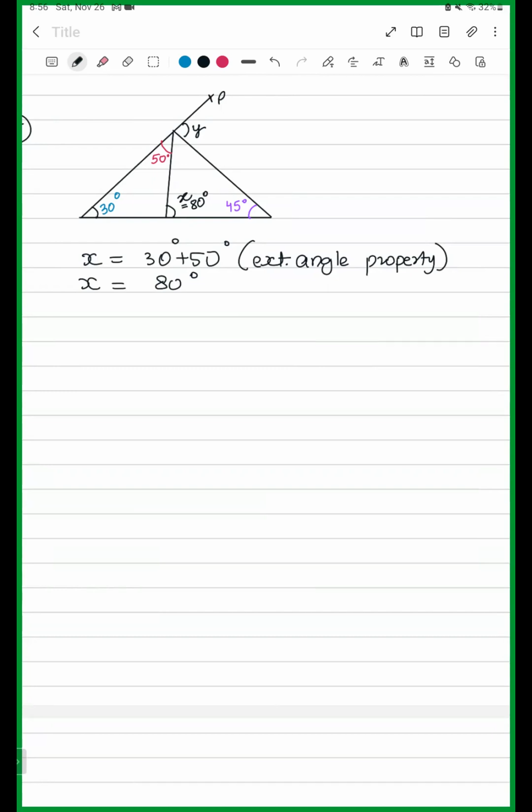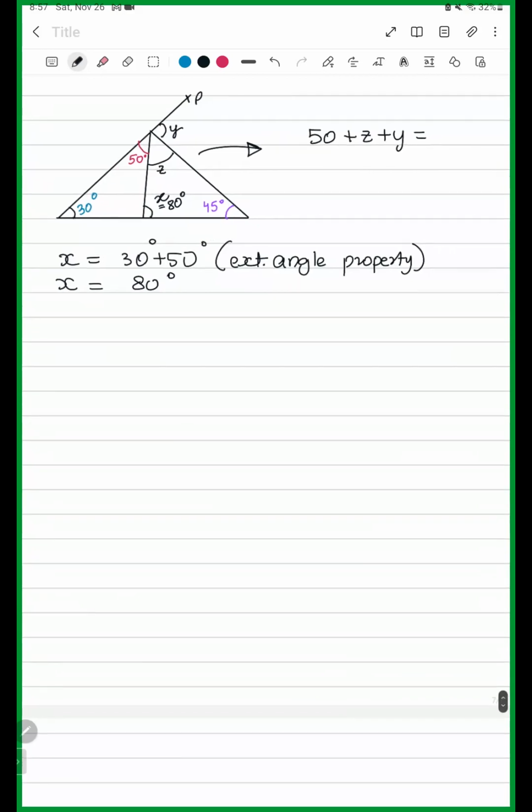Hiba, one way that we can use is this. See this angle. Let's call it y. Not y, x is already there, y is already there. Let's call this angle z. Now, can you see from here that 50 plus z plus y gives you how much? 180. Very good.